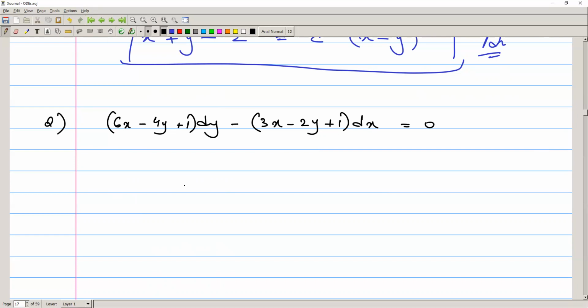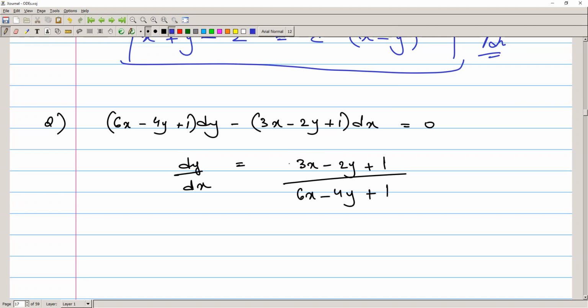All right, so we will arrange the equation in terms of dy over dx. That will be equals to (3x minus 2y plus 1) over (6x minus 4y plus 1).